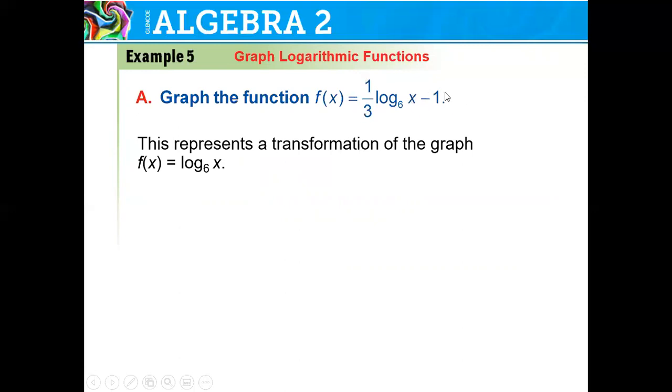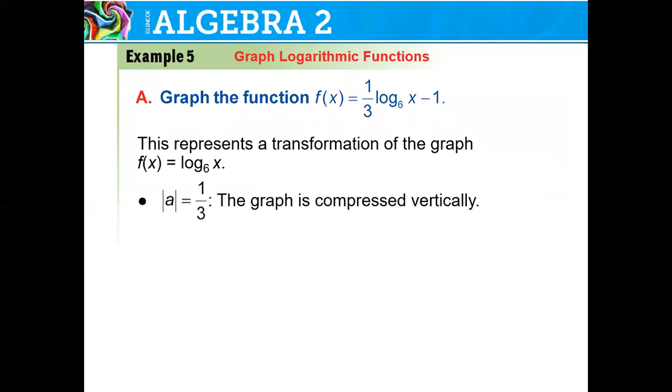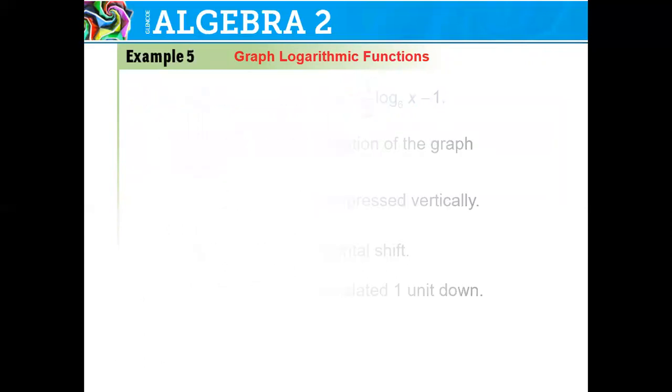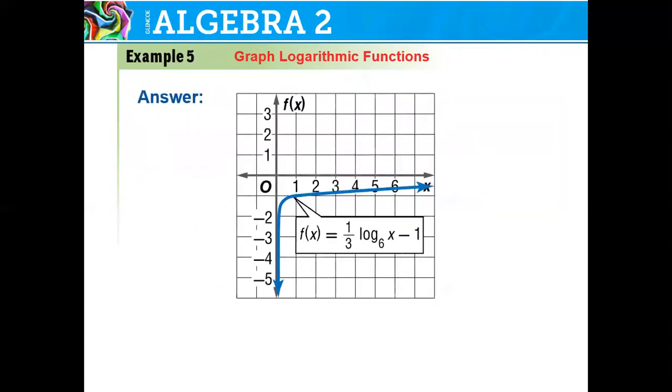Here I have k, which is -1, which means I'm going 1 unit down. I also have my a positive, between 0 and 1, which means it is compressed vertically. As I said, the absolute value of a is 1 over 3, which is compressed vertically. I don't have a horizontal shift, so h is 0, k is -1. And here is your graph.